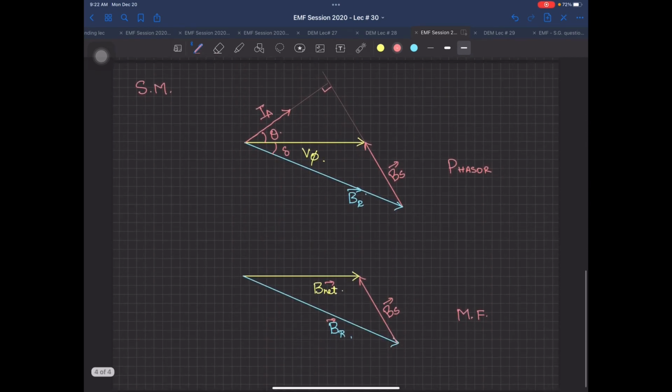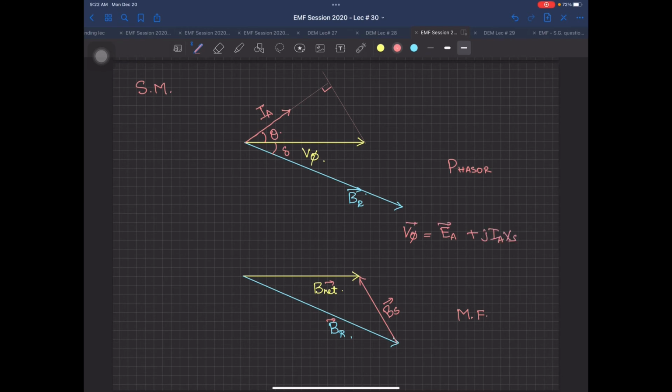Now the interesting part: I will just take off this BS, because this BS does not come in this diagram. But what is happening over here? For your synchronous generator, V phase was equal to EA plus IRA, which is ignored over here. So this was equal to jIAXS.